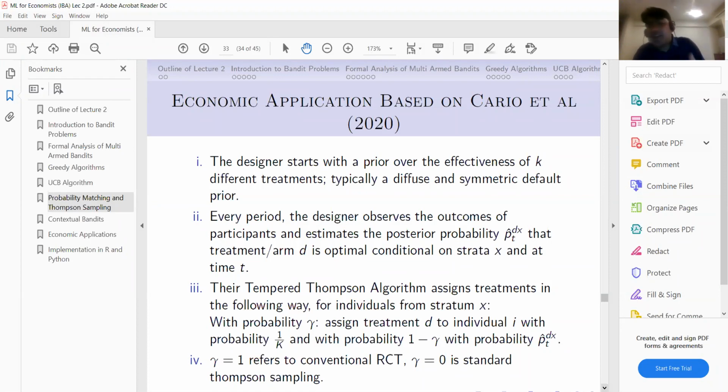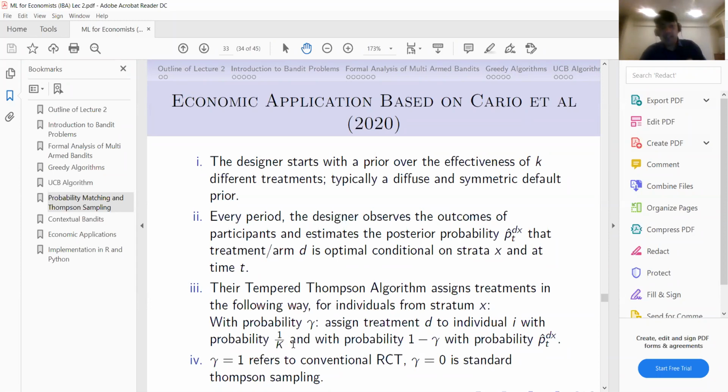If you've only allocated, let's say, 500 people to one of these treatments, but all the other treatments have 1,000 each, and you have 3,500 people, then you're going to get a relatively imprecise estimate of the treatment effect for which the sample size is only 500. And this is why in a traditional RCT, you assign treatment D to individual i with probability 1/k, where k is 4 in this case, simply 1/4.